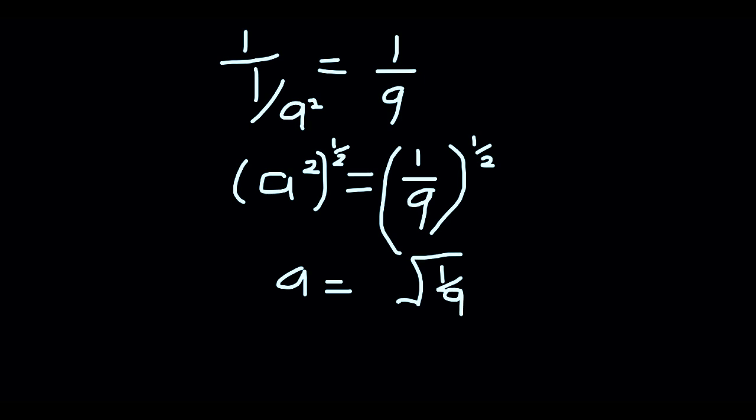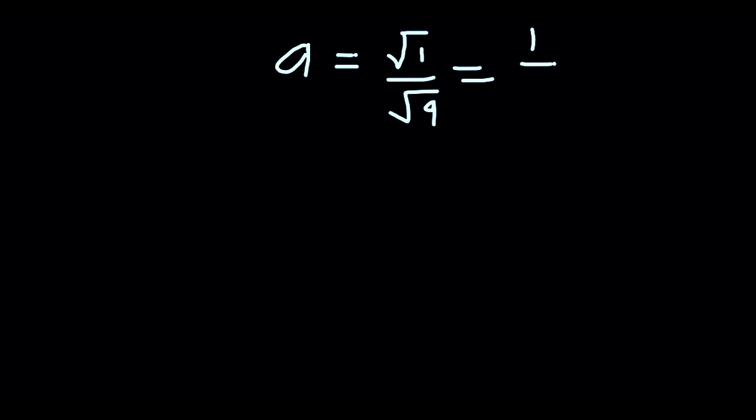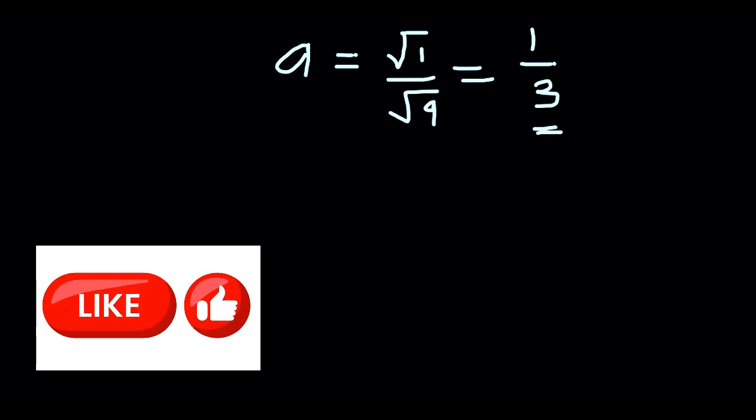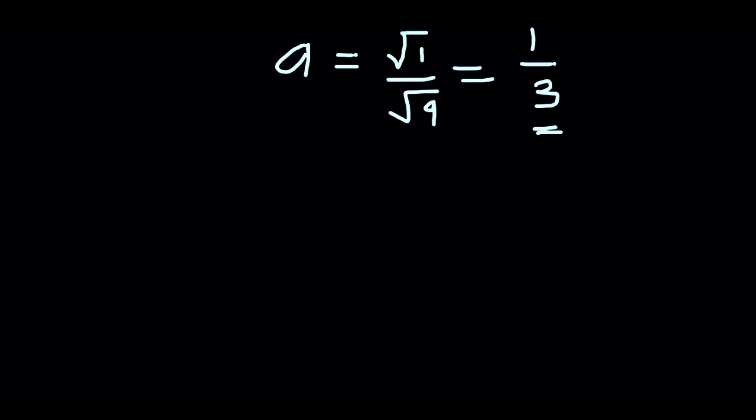This can then be written as a equals square root of 1 over square root of 9, which can then be written as 1 over 3. So our a equals 1 over 3 over here.